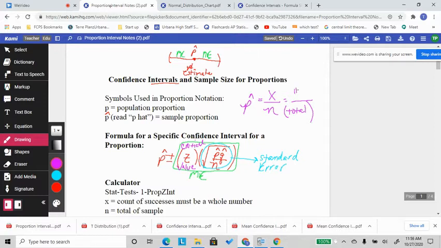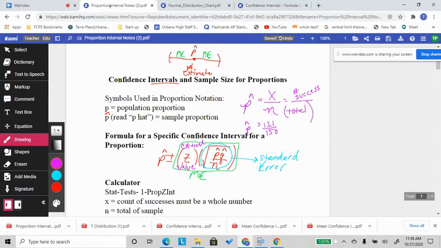This is really binomial from last chapter. An example: I go out and I sample 150 seniors and ask them if they took the SATs last week. Out of the 150 seniors, 121 said yes. That would be how your p hat is calculated.